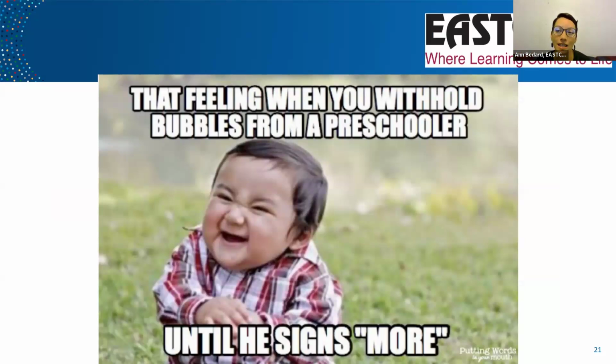But it is very tempting to withhold in order to get talker use. I just want to admit that I still do it by accident too. But you should really just model and give them the thing that they're showing you that they want, even just by looking at it or saying a single word.